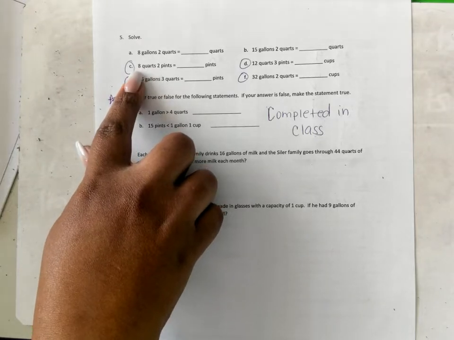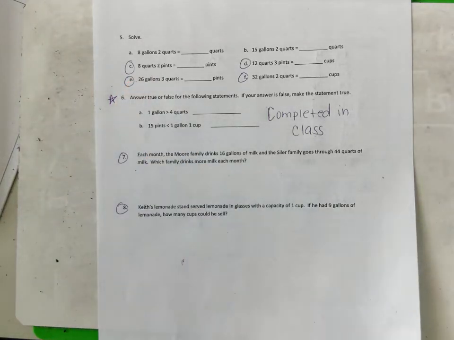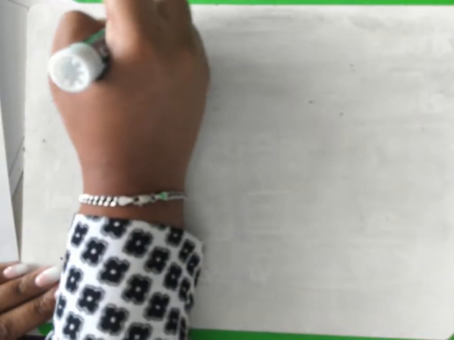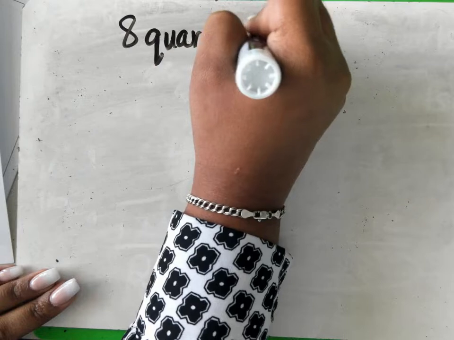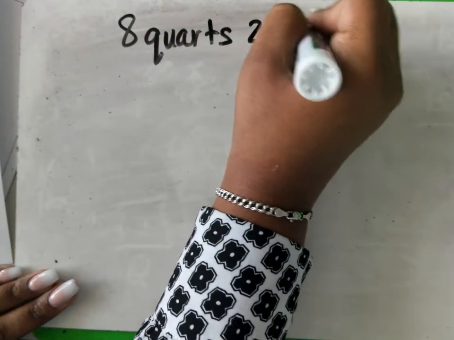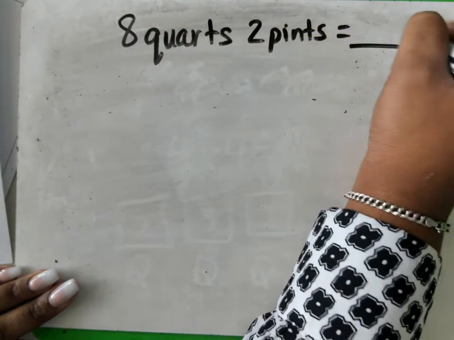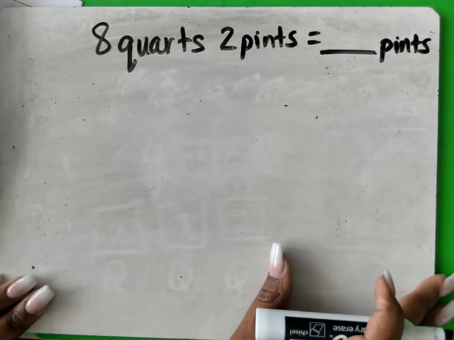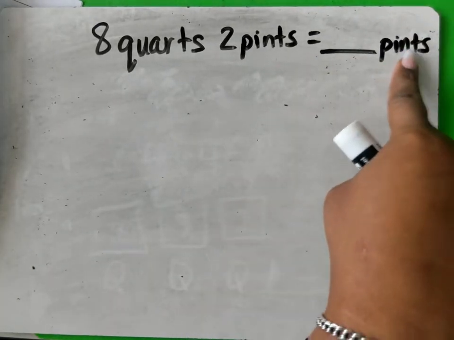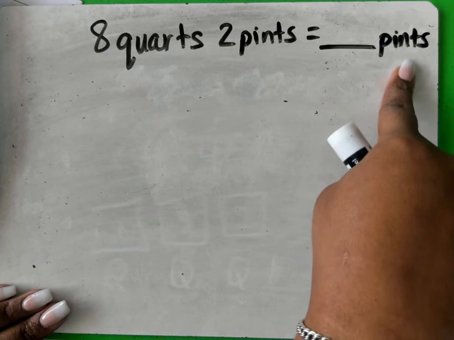Let's look at letter C, where it says 8 quarts, 2 pints equals blank pints. So I have 8 quarts, 2 pints equals pints. All right, so I know that I am converting to pints, right?